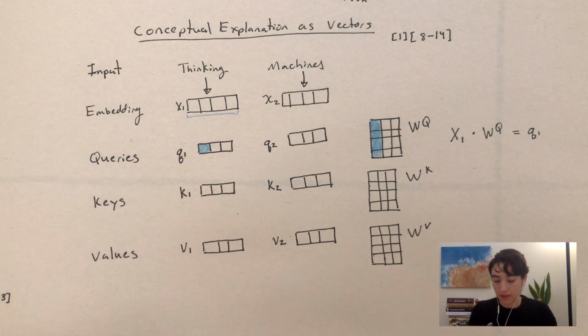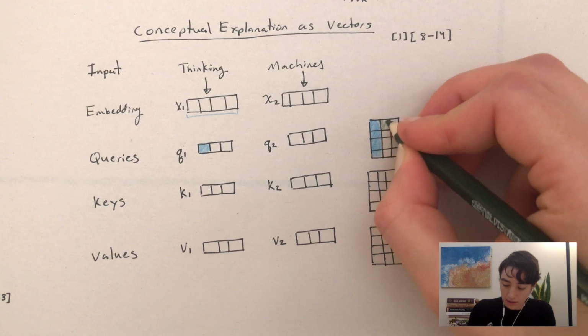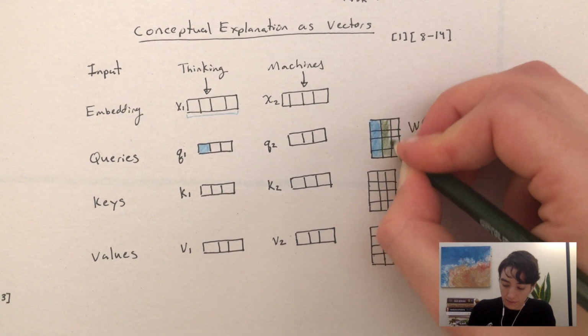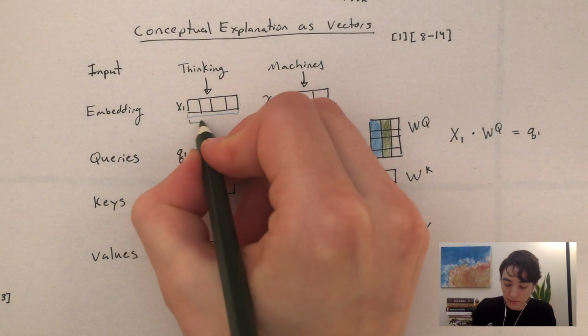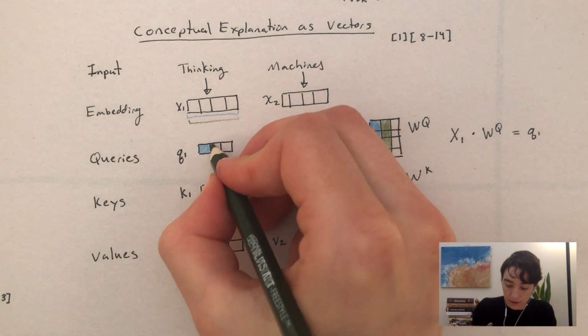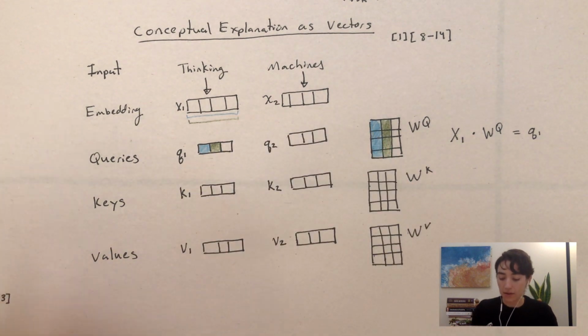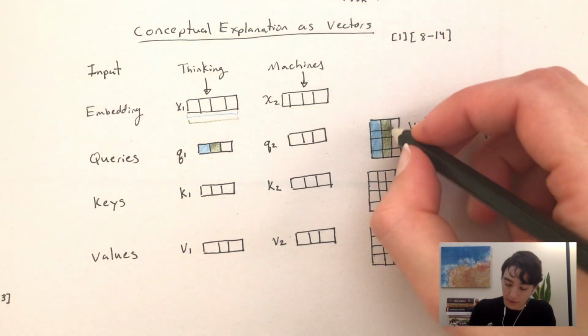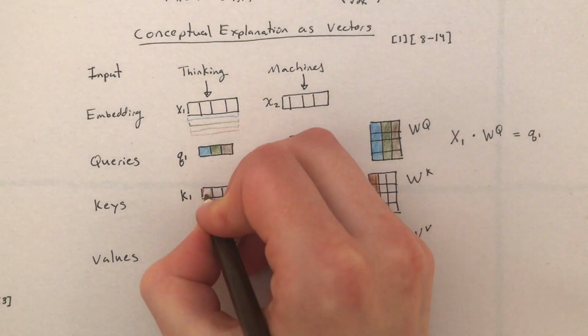And we go through and we take the next column in our weight matrix, and again multiply it by our word vector, and we get our next element in our resultant vector, and same thing for our last column. We go through and find the dot product between the word vector and the respective weight matrix for each weight matrix to find the remaining vectors.